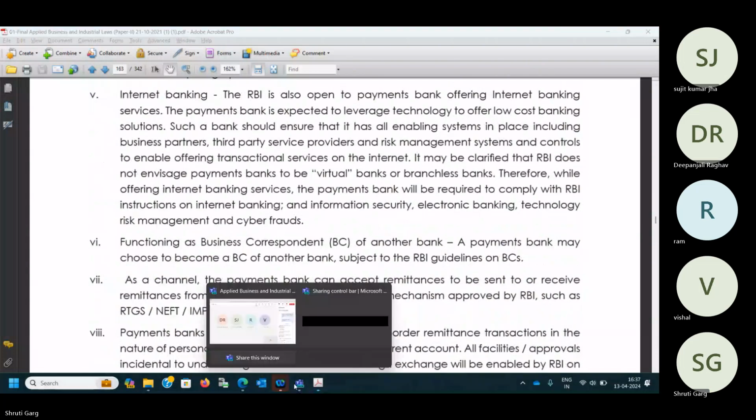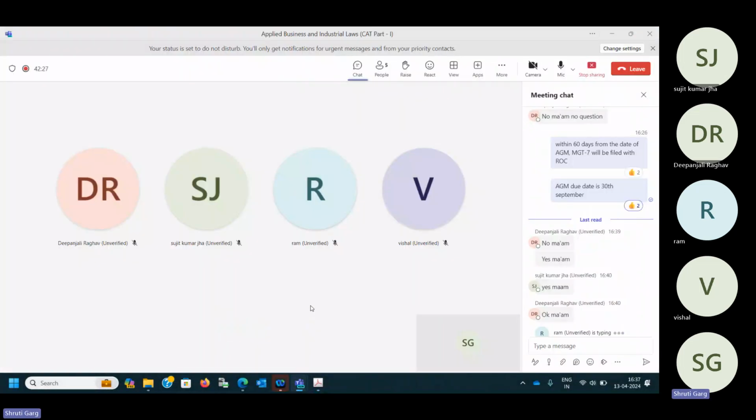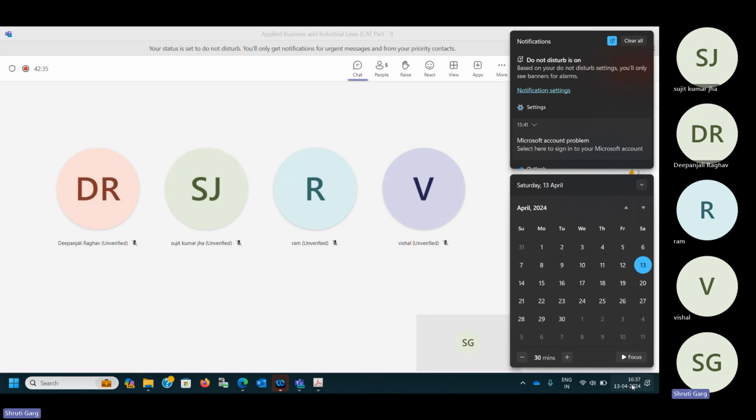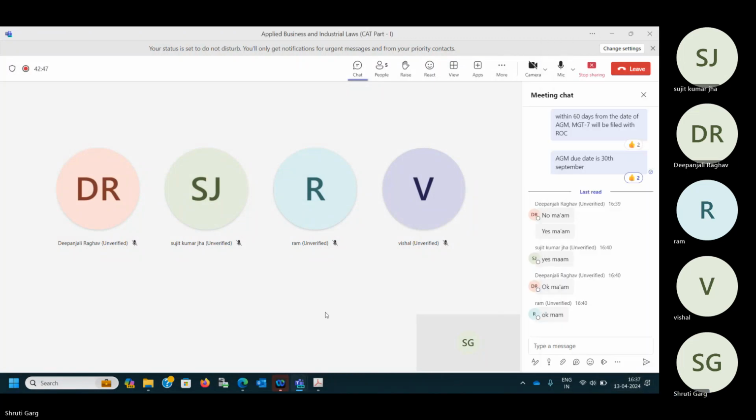Yes. Next Saturday, we will conclude the Companies Act. Clear? On 20th, that will be the last class for the company law. On 27th, we will start the ethics.